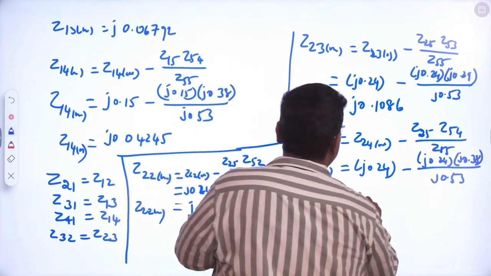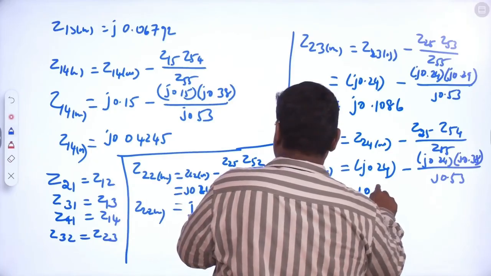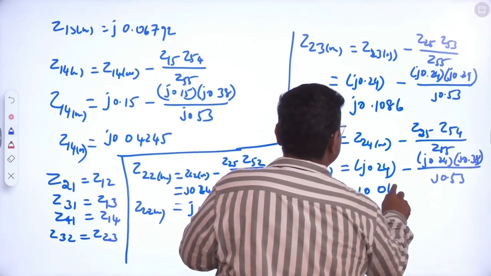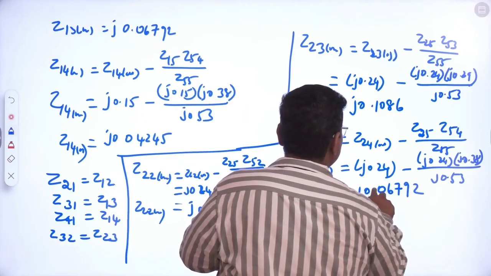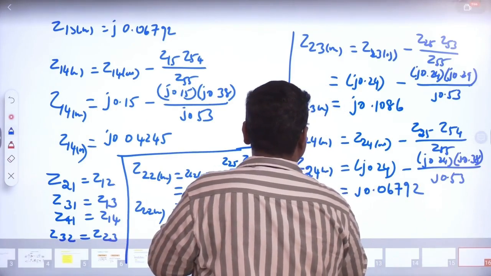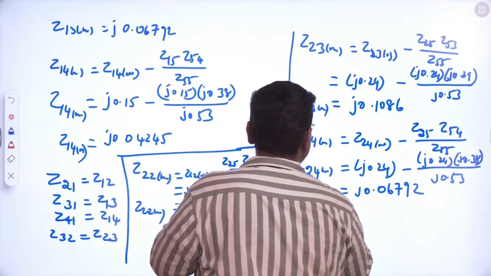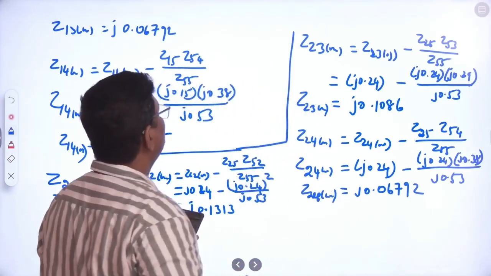So answer is j0.06792. So this is Z24 new.